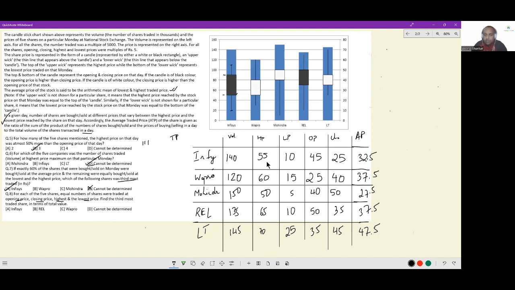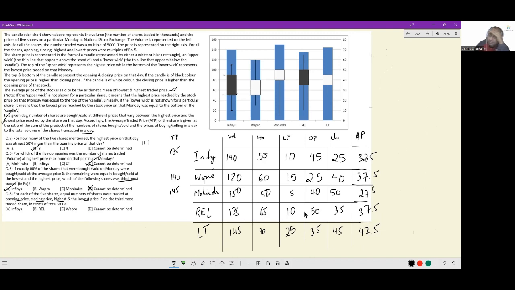I'm simply doing 65 plus 70, 135. Then for Wipro, 75 plus 65 is 140. Then for Mahindra, 55 plus 90, 145.